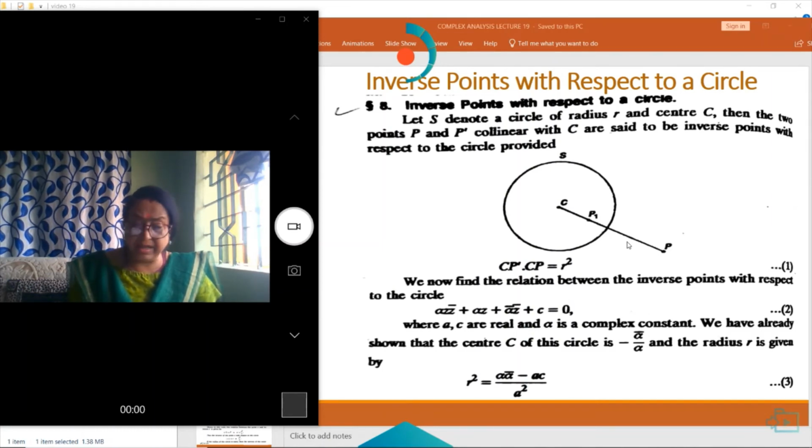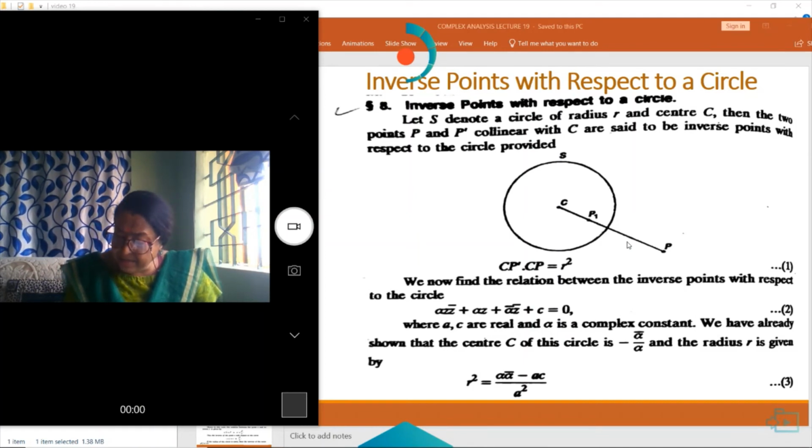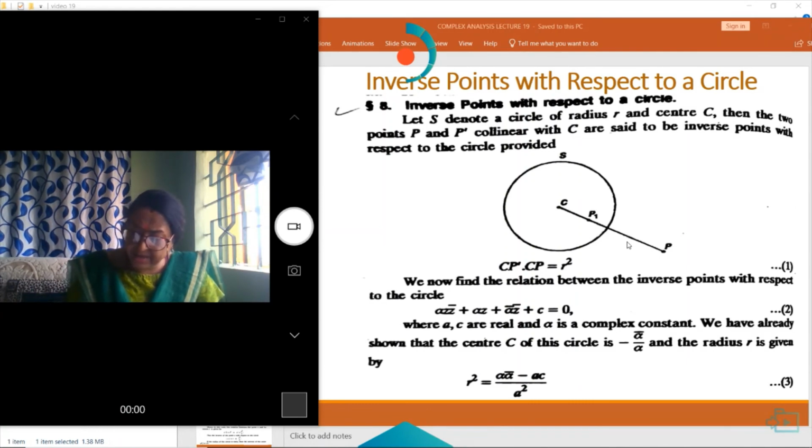We know in the complex plane, the equation of the circle can be written as A z z bar plus alpha bar z plus alpha z bar plus C is equal to 0, where A and C are real and alpha is a complex constant.